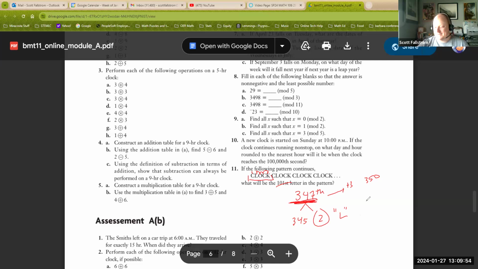All right. So what are other things that work kind of like this on a modular piece? Seconds. Every 60 seconds, it rolls over to a minute, but the seconds on your stopwatch only go from 0 to 60. Then it rolls over to the minute. So if I add 45 seconds onto something, what do I end up with?